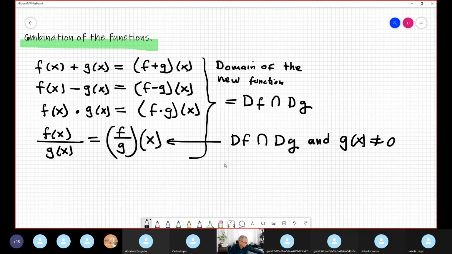Okay, let's see an example. In the example it is easy because you need to determine the new function. Two functions are given. You need to determine the new function according to the operation that they want, and determine the domain. Always state its domain.